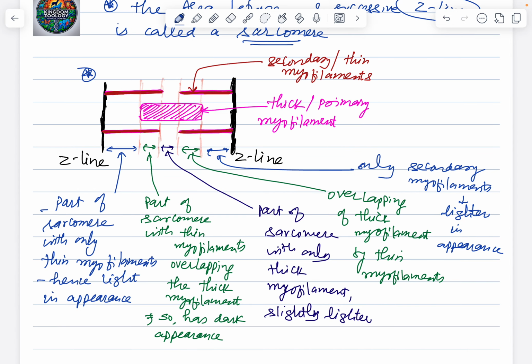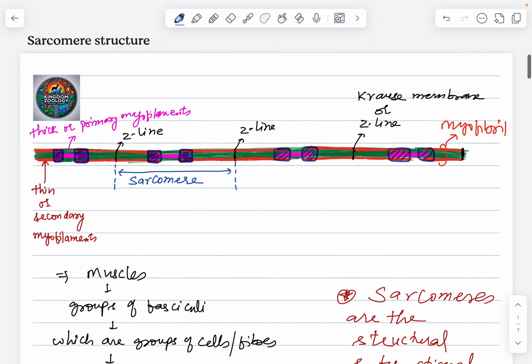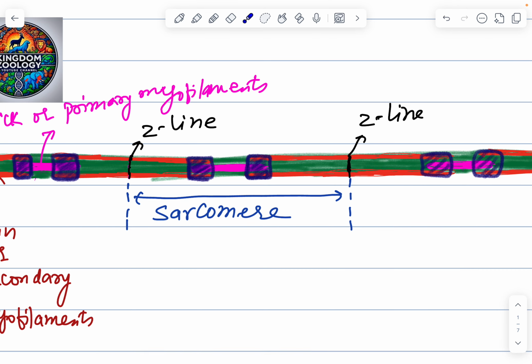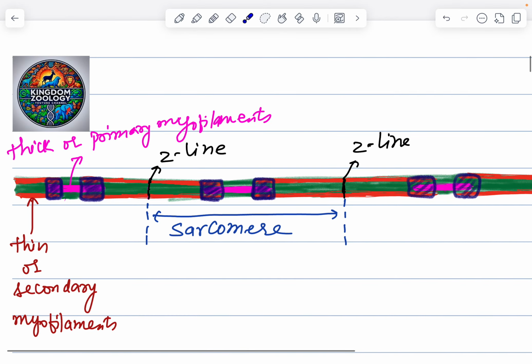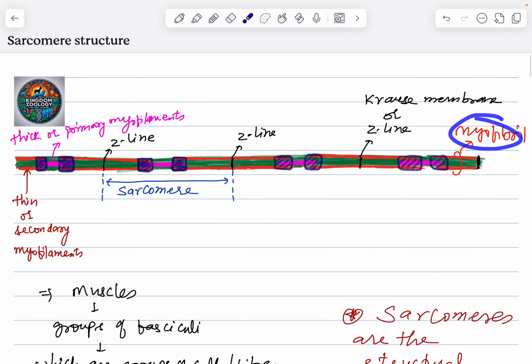If we again go back to the top structure here, I told you that this will be light area, dark area, light area, dark area, light area. The entire light structure on the myofibril from here till here, this is called the light band. From here till here, what is this structure?